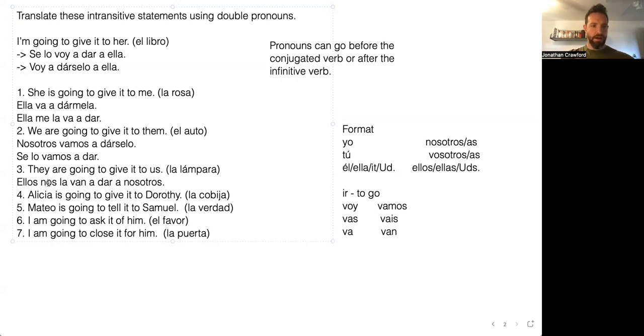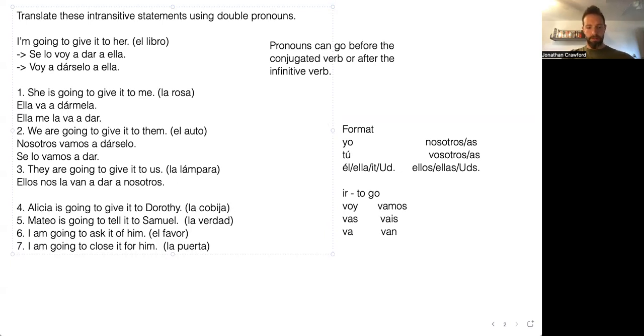They, us, it, they're going to give to us. They're going to give it to us. And it's la because it's la lámpara. You can also say van a darnos la. They're going to give it to us.